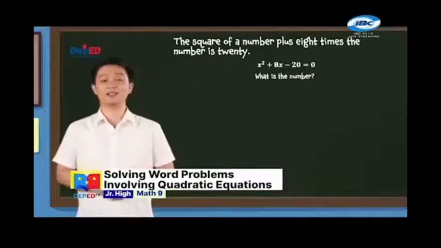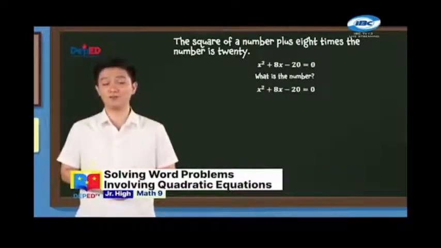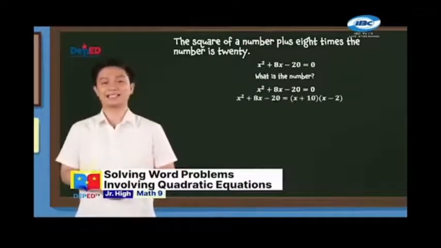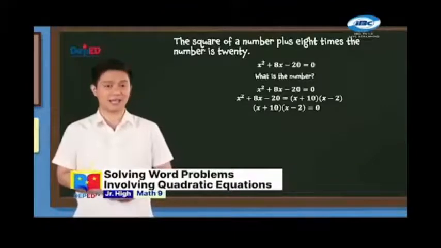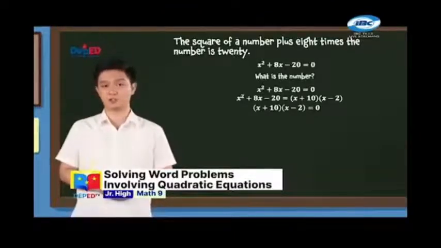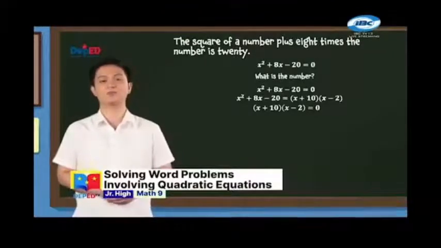And it so happens that this equation can also be solved by factoring. X squared plus 8x minus 20 is equal to the product of the binomials x plus 10 and x minus 2. Hence, we have the equation (x plus 10) times (x minus 2) equals 0.